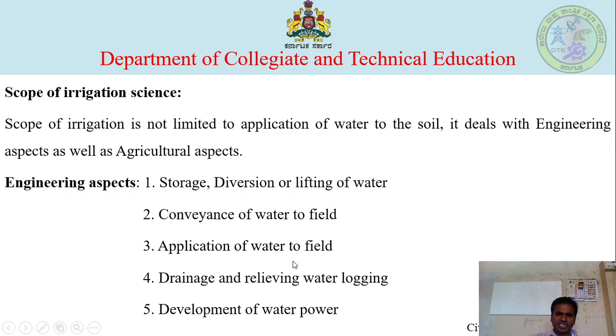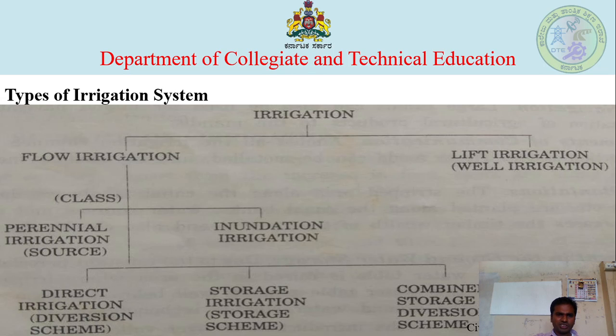After continuous application of water to the field, some soil or some areas will have poor drainage. It becomes waterlogged. This causes a reduction in the yielding capacity. Next, development of water power. These are the engineering aspects.